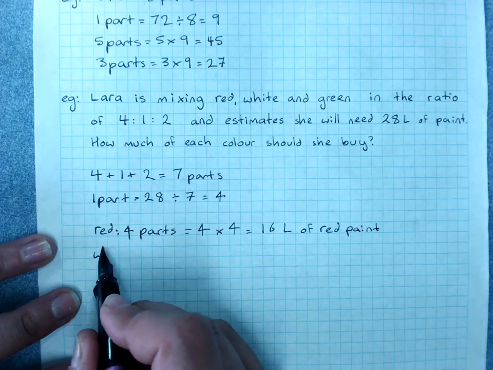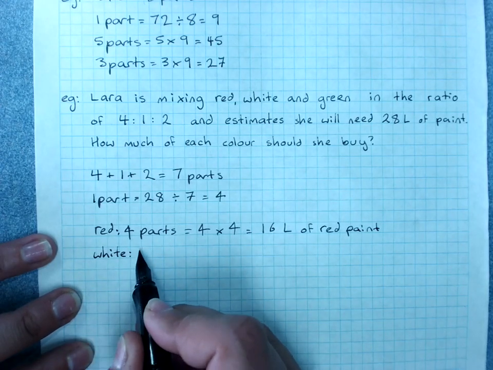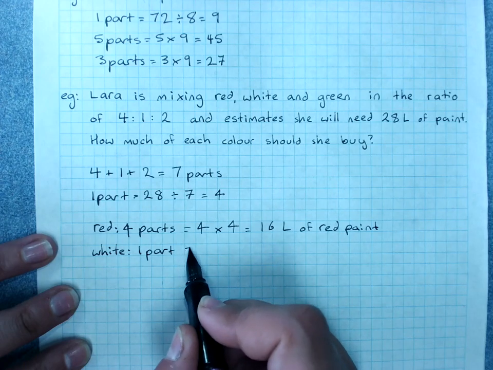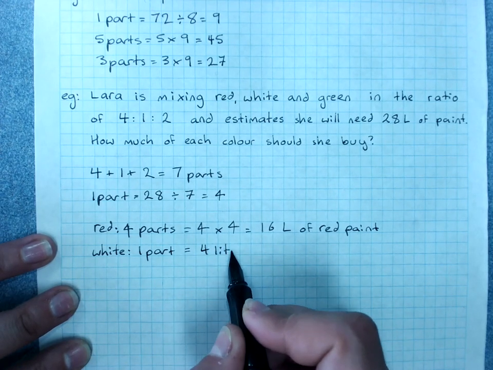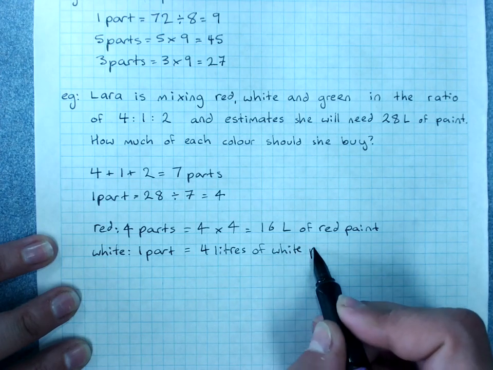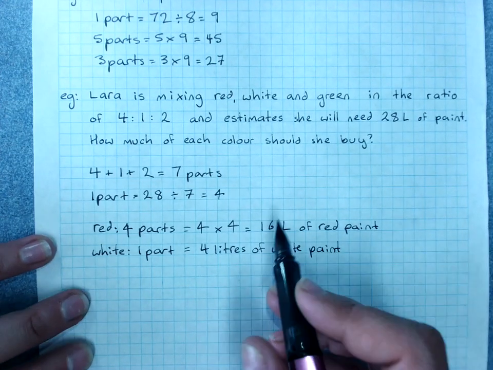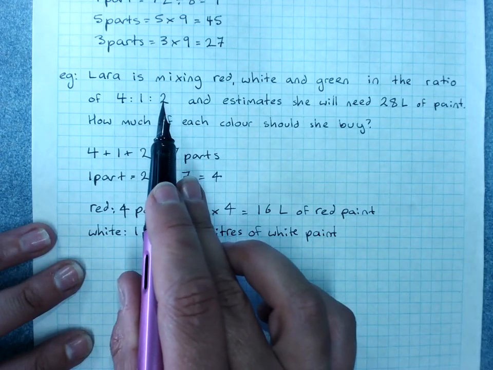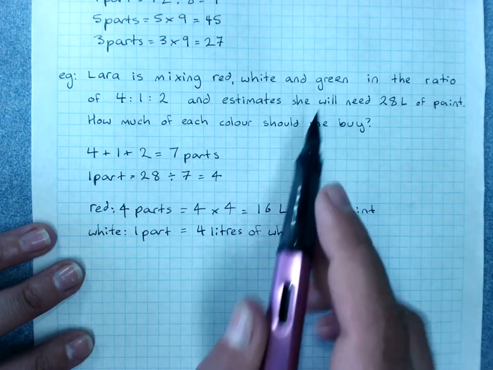White is 1 part, and we know that 1 part is 4 litres. And we're basically making her shopping list here so that she gets it right. And then 2 parts of green.